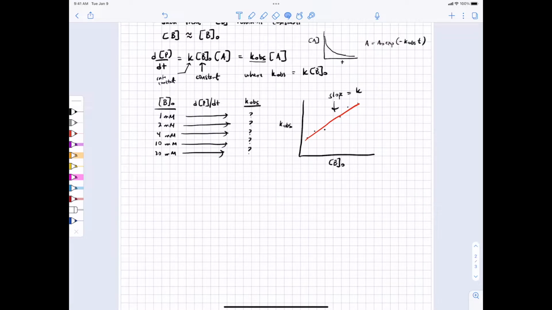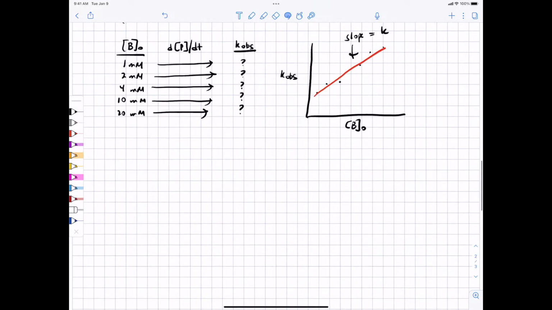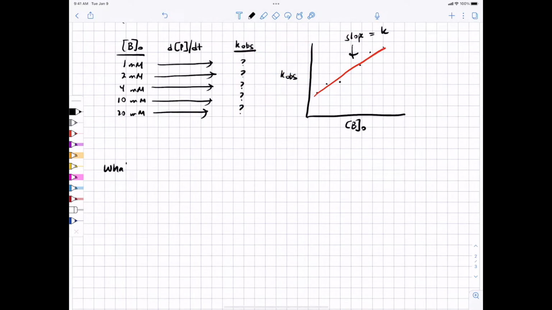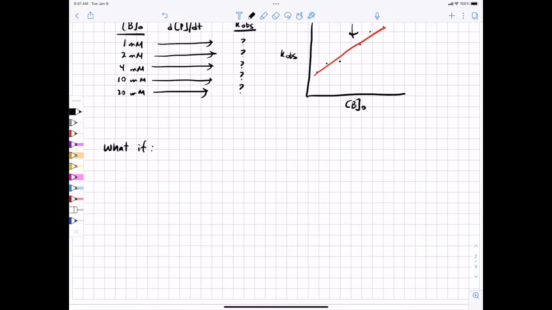All right, next we're going to talk about some different scenarios. And these are scenarios where we have intermediates. But actually first, let's consider, what if I did this same experiment?